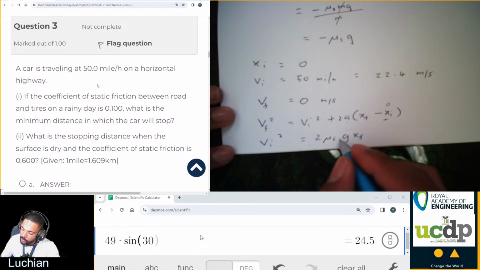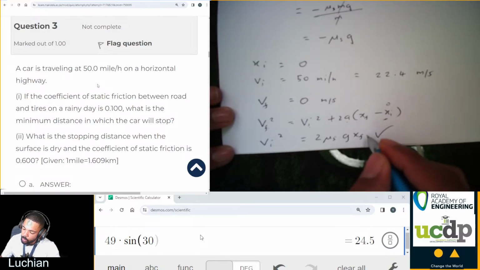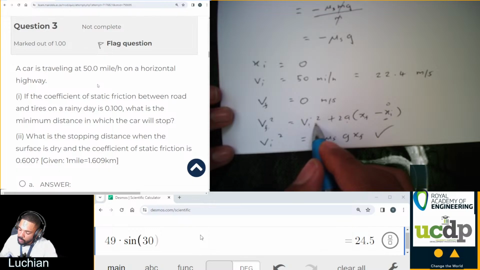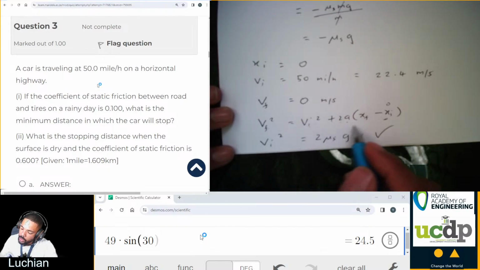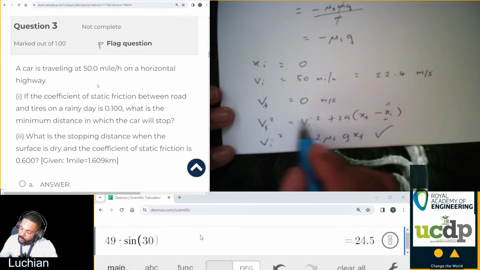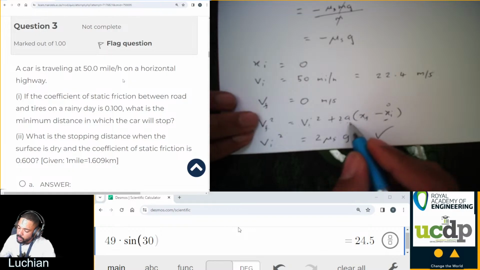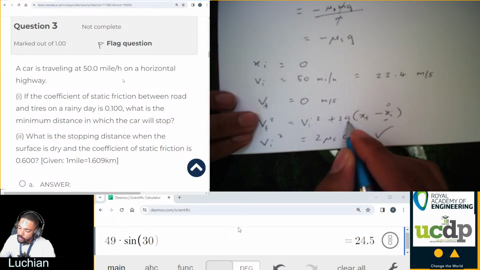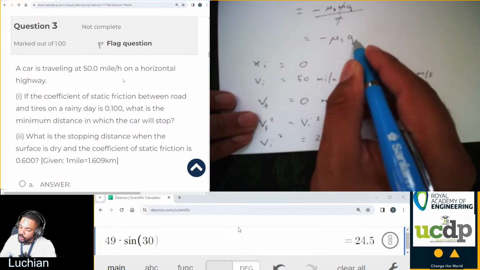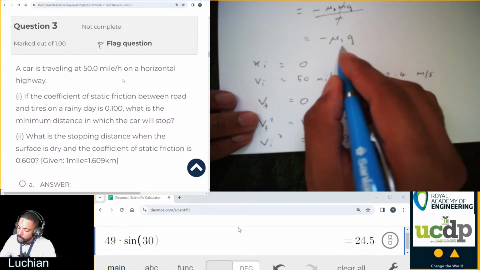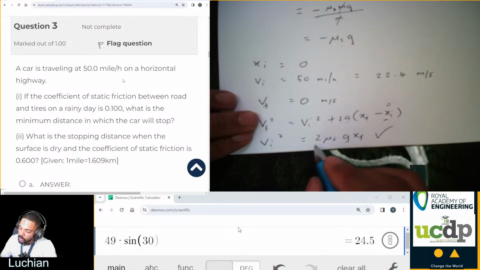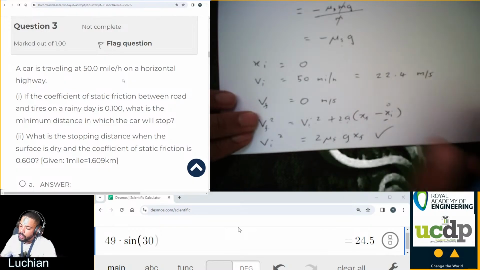If you solve for this, this is the formula you're going to be working with. Taking the term over, it becomes negative 2a, and since acceleration is equal to negative mu s g, it is just going to be positive mu s g times 2 times the final position.